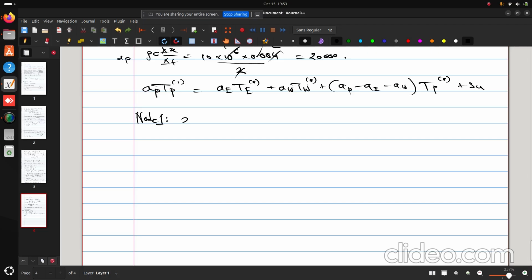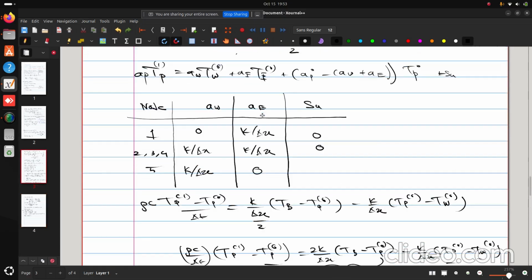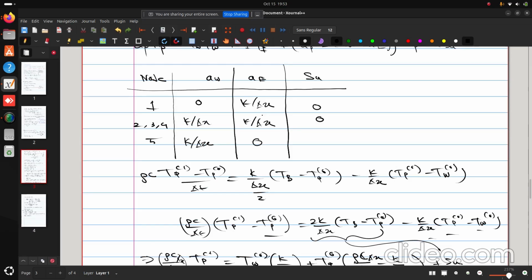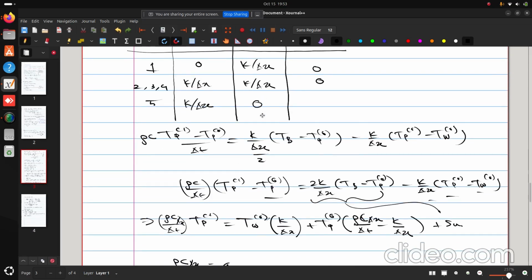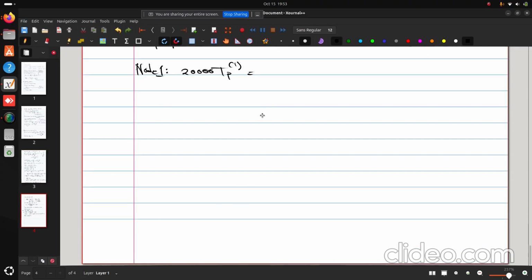So for node 1, the equation will be 20,000 times TP1. A East is okay and A West is 0.